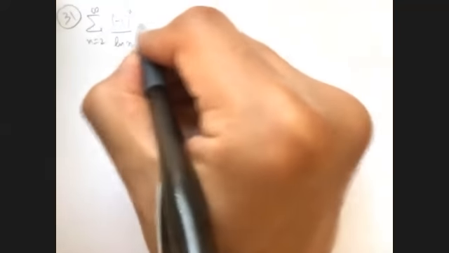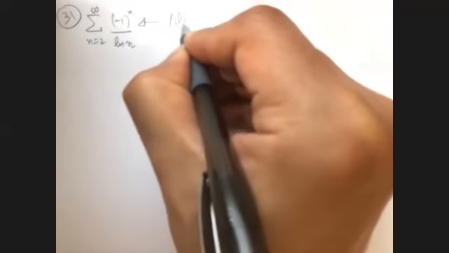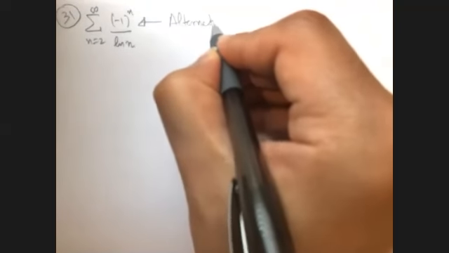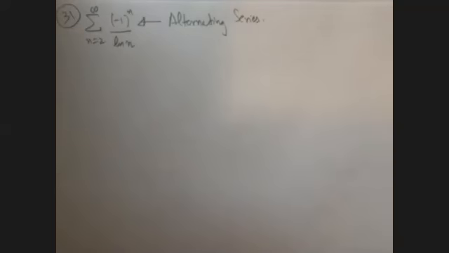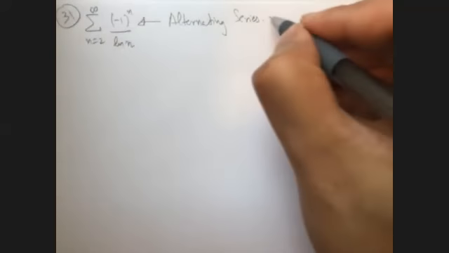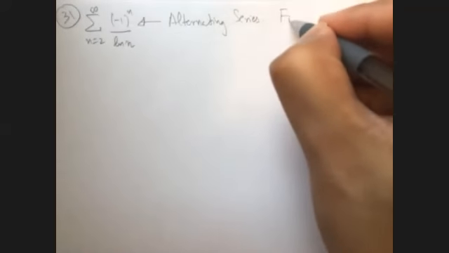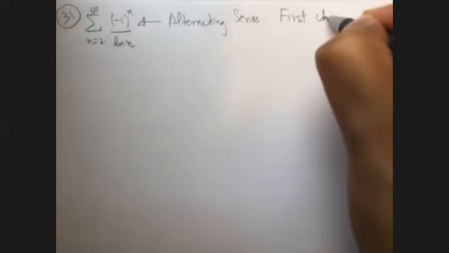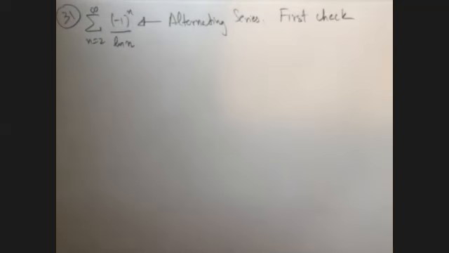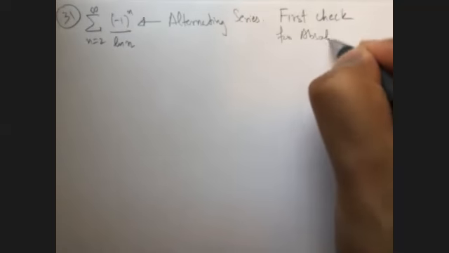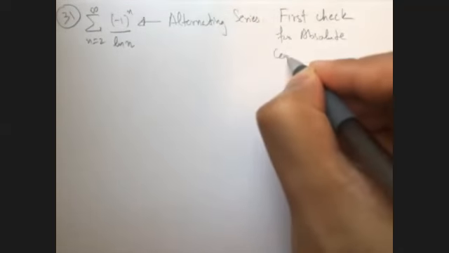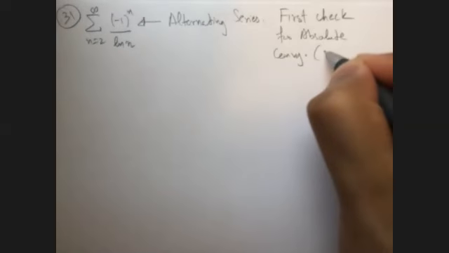So this is an alternating series. But as always, we'll first check for absolute convergence, just AC.